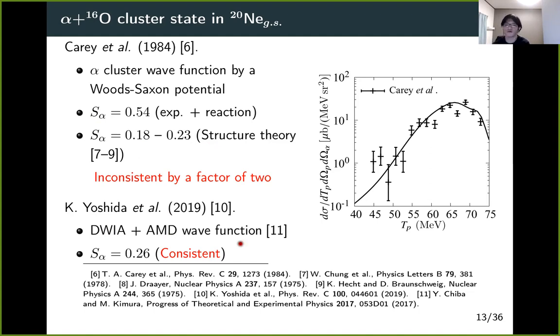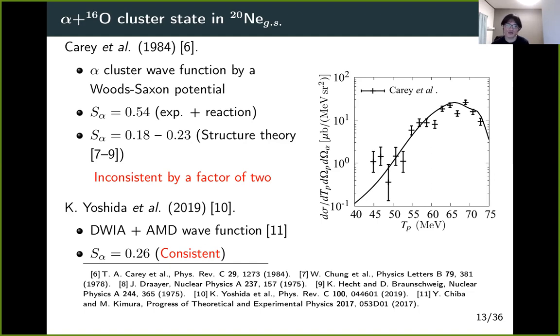What we have done in 2019 is to use DWIA plus an AMD wave function. One thing improved is the alpha cluster wave function, and what we used is the AMD wave function, which I explain later. Another thing improved is the distorted waves, the optical potentials.